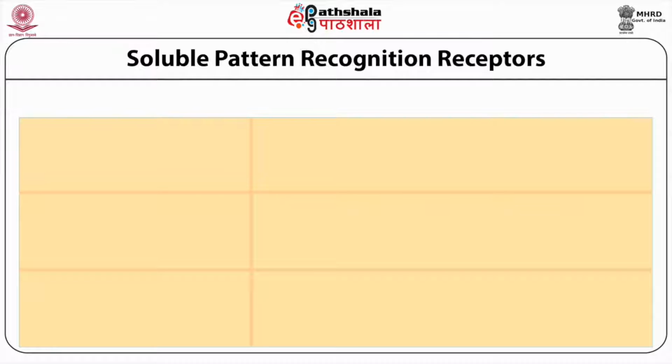Some of these PMPs which are shown here, collectins, ficolins and galectins are some of them. Collectins belong to the collagen containing C-type lectin superfamily.